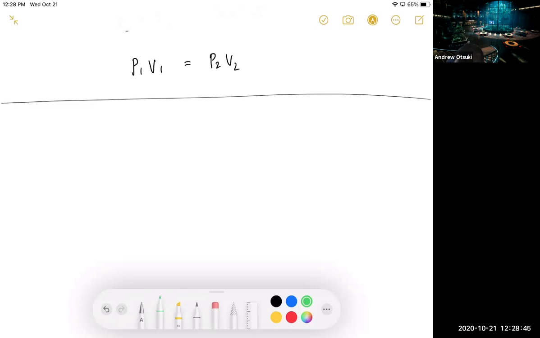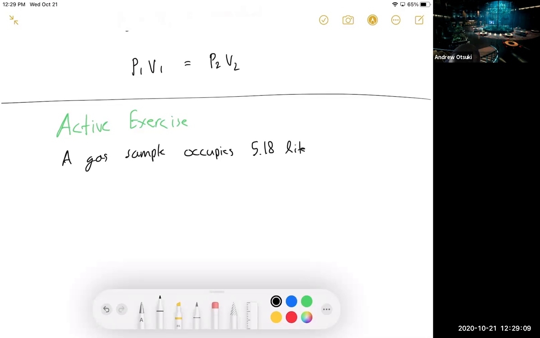So, active exercise. Try these on your own first, and then come back and see how you did. So let's go with a gas sample that occupies 5.18 liters at 776 torr.